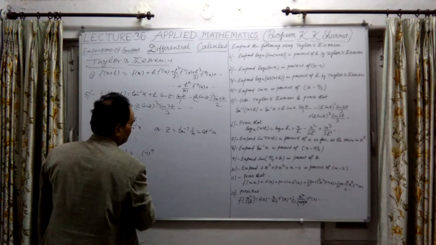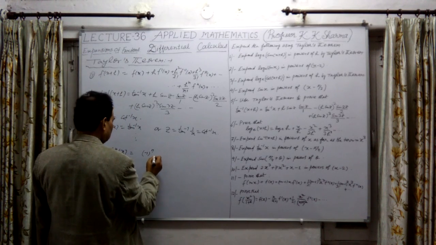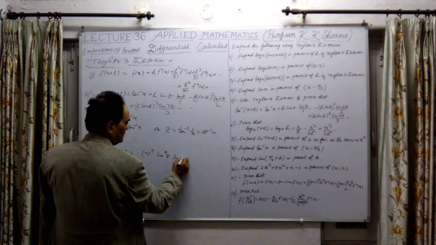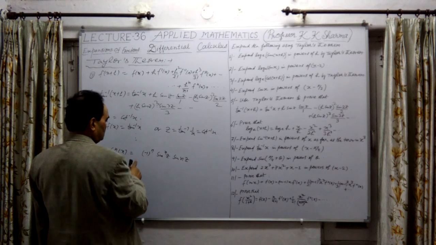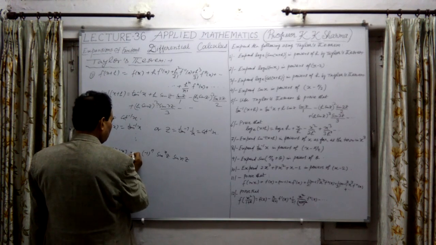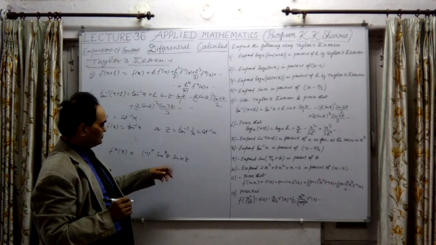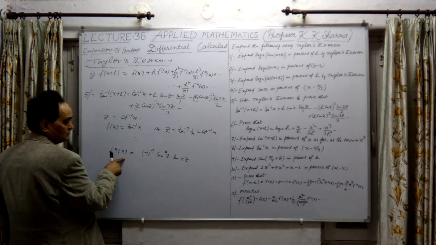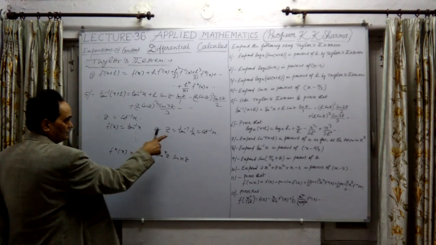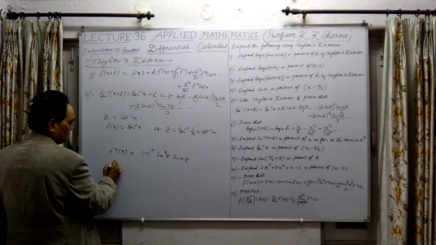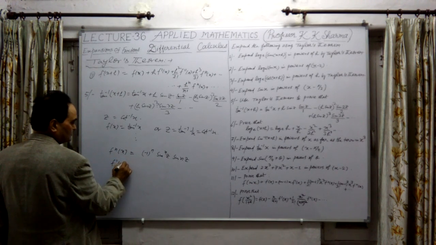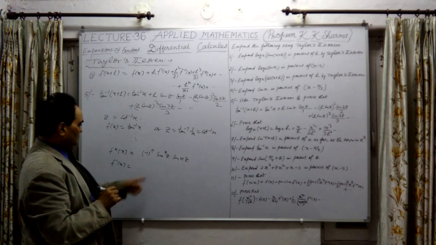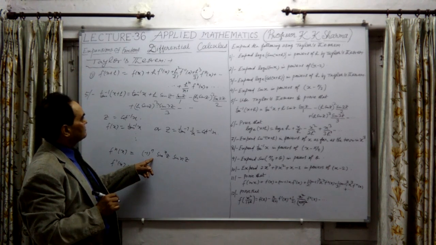So this is n minus 1 into sin power n z into sin of n z, where the sign depends on whether n is odd or even. From this result, f n x, the nth derivative, is given by this form. Then what is f dash x, the first derivative? If I substitute n equal to 1 here, it will be negative.